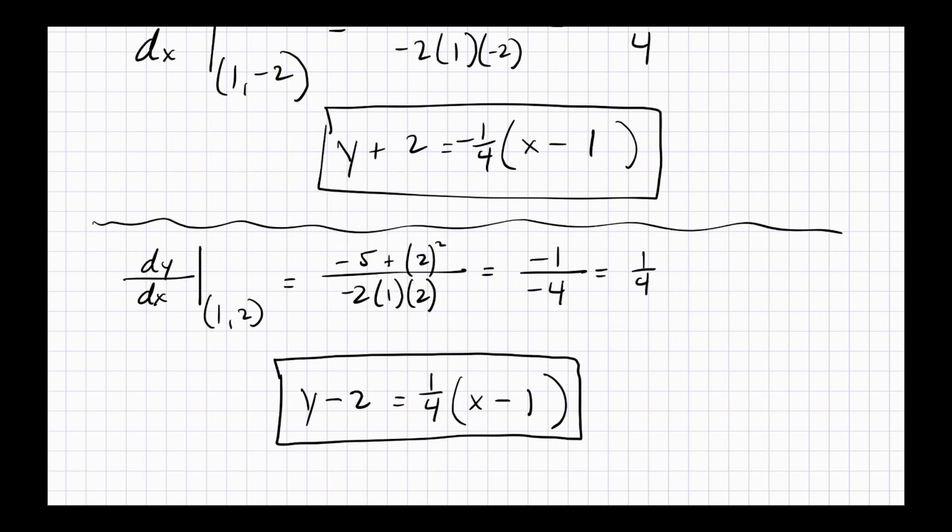Okay, so if you finished, look up here. It's very similar to the one before. It's got a similar slope. They're just opposite. So one is going up 1/4, one is going down 1/4. Okay, and then the x and the y's are very similar. All right. So on these, you could have multiple tangent lines, okay?